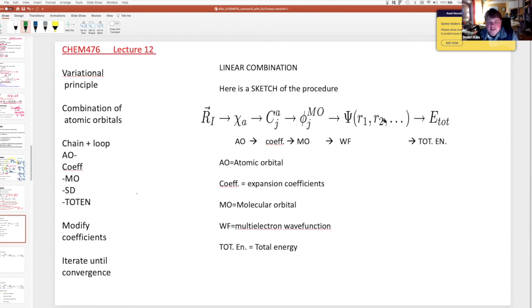The set of symbols is a protocol for how Gaussian software is working towards obtaining total energy. First, we start with positions of ions, right? Either drawing by hand or optimizing or borrowing it somewhere.